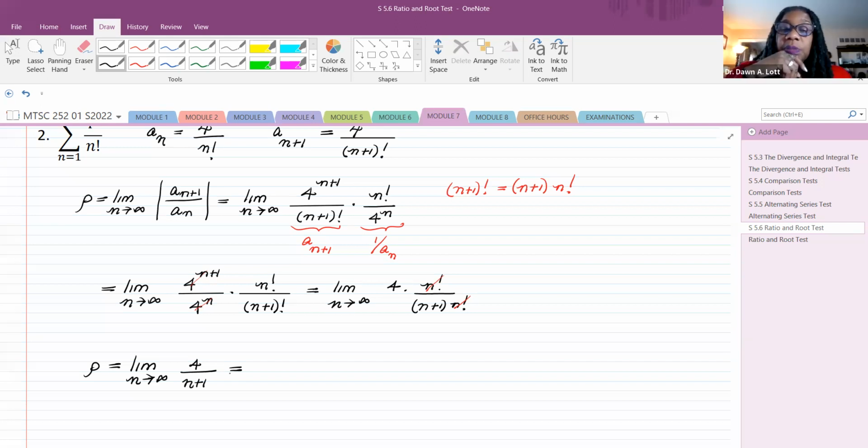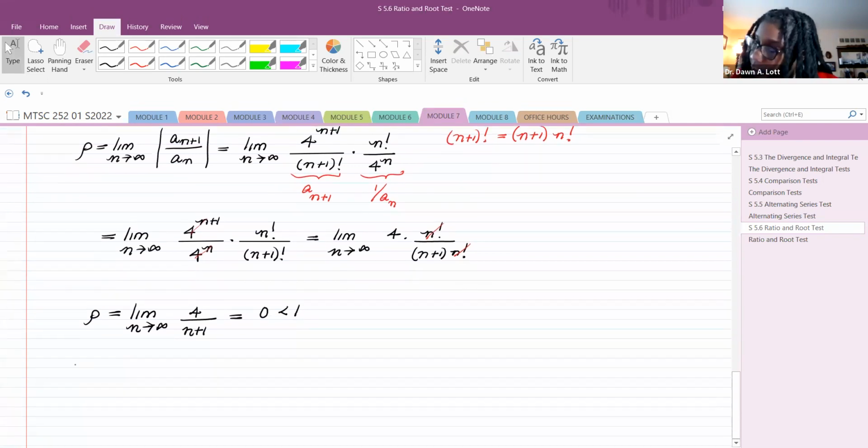Okay, we still having some issues with being able to evaluate this limit. Anytime you have a number in the numerator and the bottom goes to infinity, the whole thing goes to 0. So this limit is 0, which is less than 1.